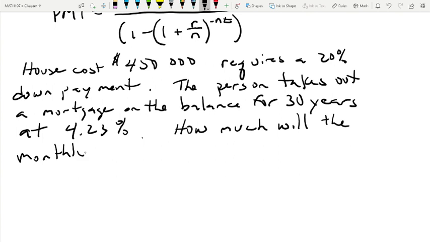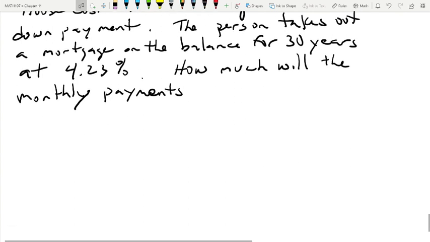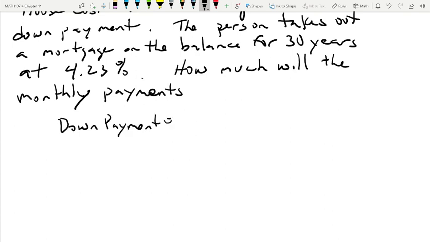All right. So first off, we need to figure out how much they are financing. They need to make a 20% down payment. So first off, my down payment is going to be the 450,000 times 0.2, which is 20%. And this gives me a down payment of $90,000.